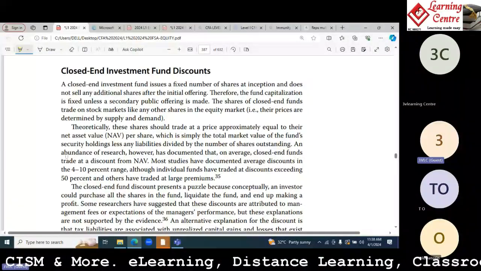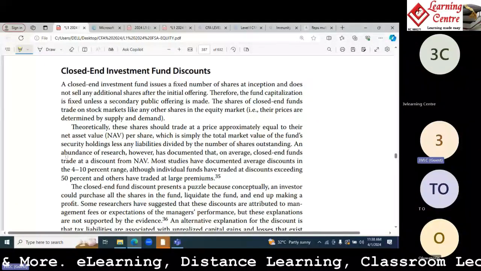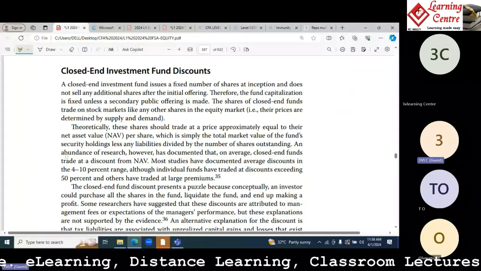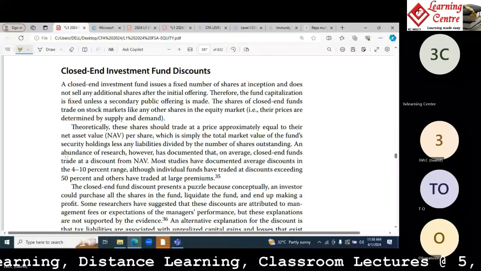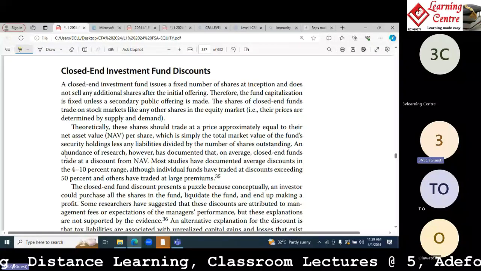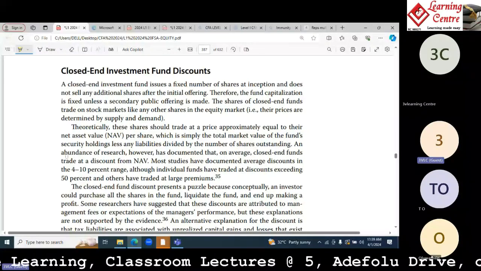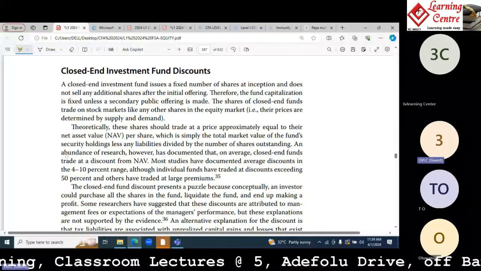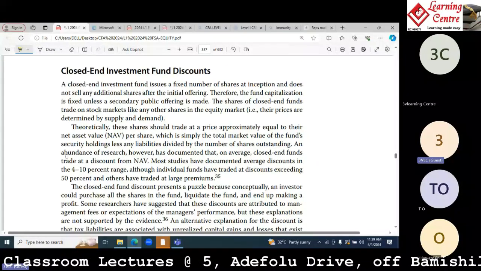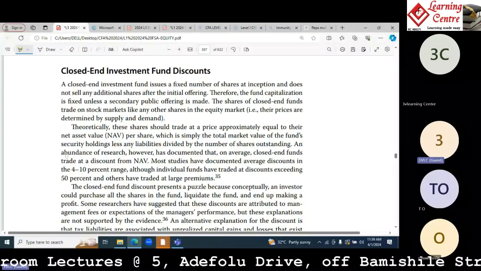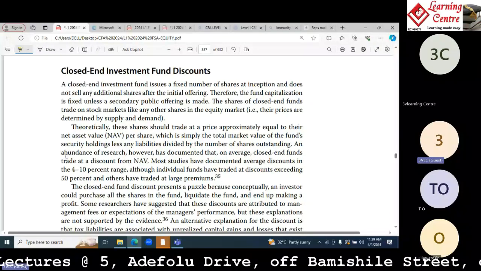Closed-end investment fund discounts. I mentioned that to you guys when I taught you portfolio management, mutual funds. So closed-end funds tend to be sold at either a discount or a premium. And the reason is liquidity.